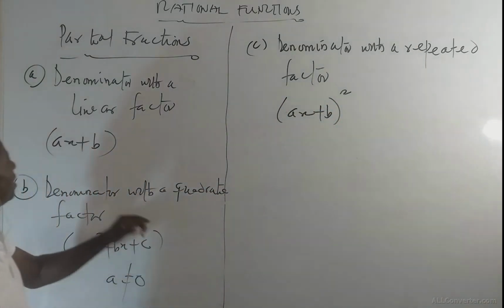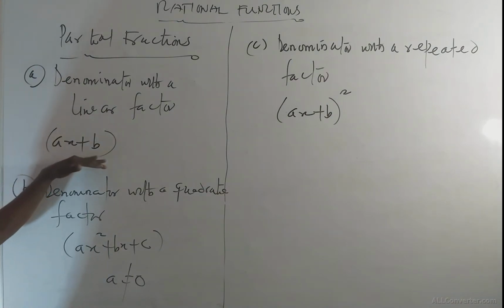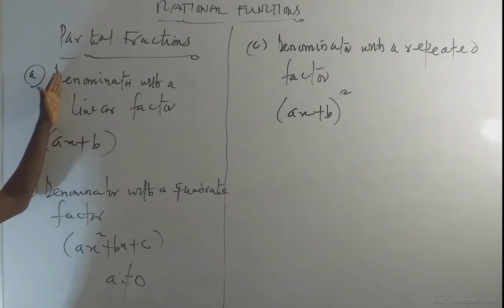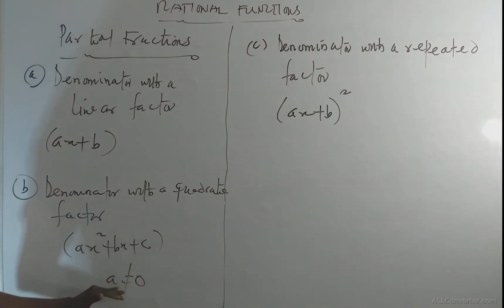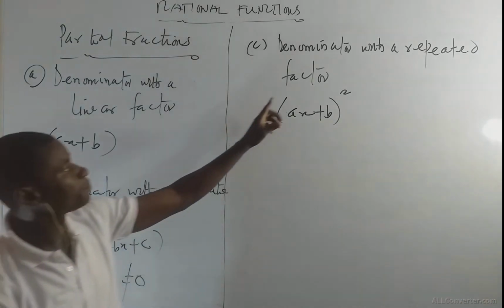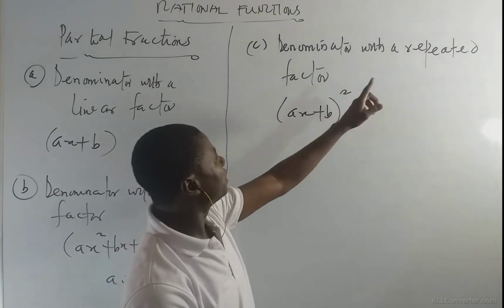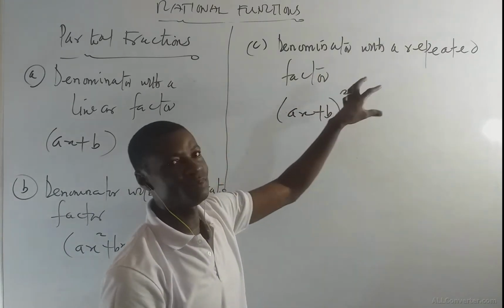So take note, if the factors can be expressed in the form ax plus b, then it is denominator with a linear factor. If one of the factors can be expressed in the form ax squared plus bx plus c, where a is not equal to 0, then it is denominator with a quadratic factor. But if one of the factors can be expressed in the form ax plus b all squared, then it is denominator with a repeated factor.